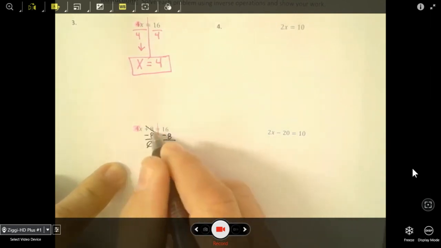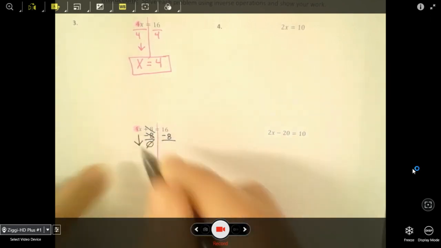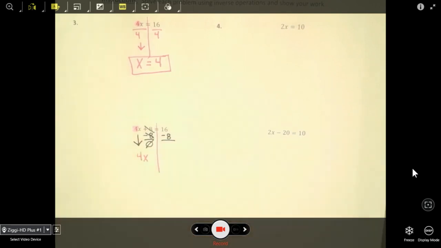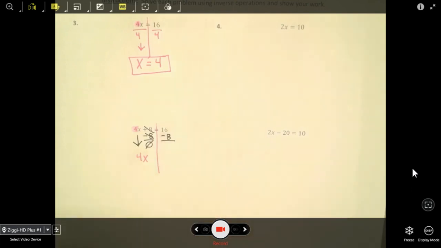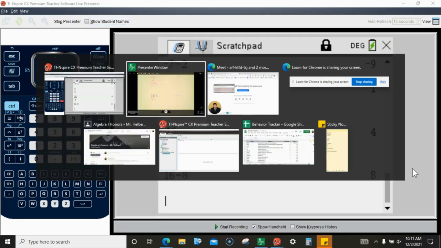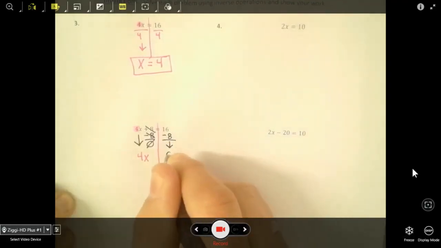So those is what we call cancel out. I'm simply left over here with 4x. And over here on the right, we also subtracted 8. So I need to put this in my calculator, 16 minus 8. Notice that gives me 8. So right here, I'm going to write positive 8.